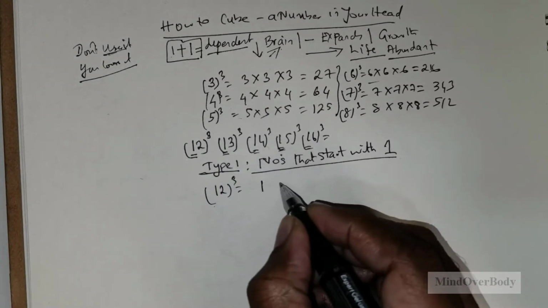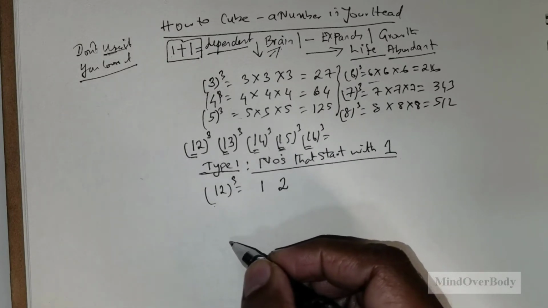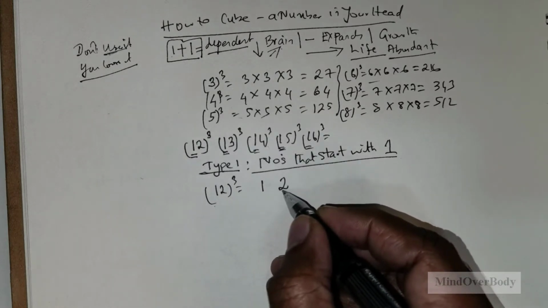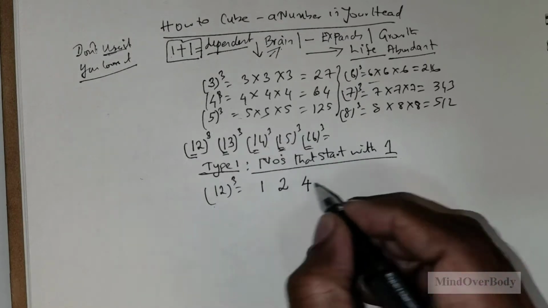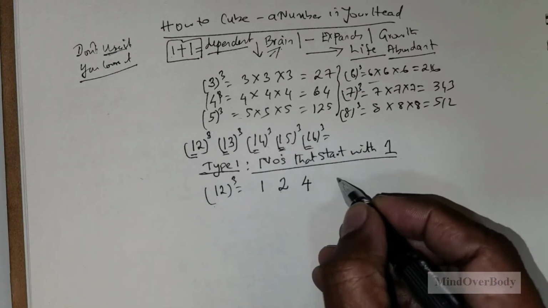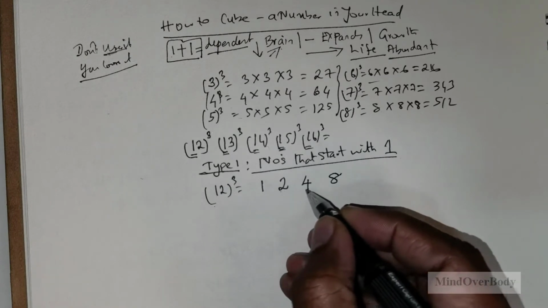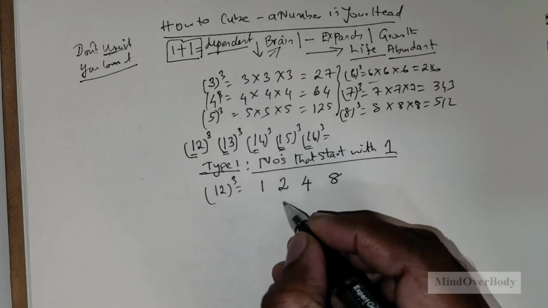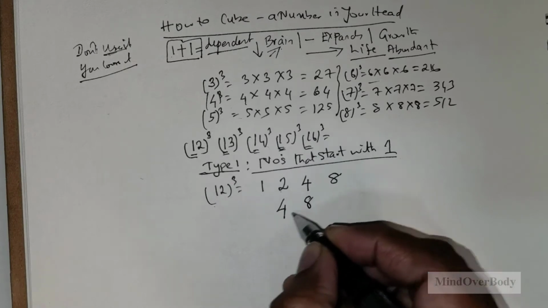Foremost, write the number 12, and then write down the square of the second number, which is 4, and then write down the cube of the second number, which is 8. Now, below the 2 and 4, below 2, you double this number. What happens when you double 2? You get 4. What happens when you double 4? You get 8. That's all.